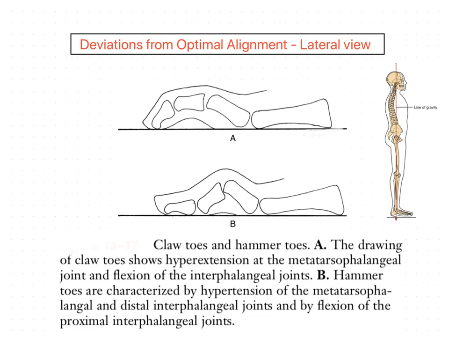So first, what happens if a deviation from optimal alignment occurs? Normally, reduction of energy expenditure and stress on the supporting structures is the primary goal of any posture.